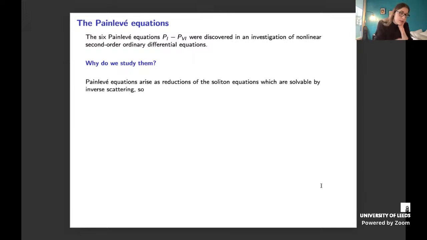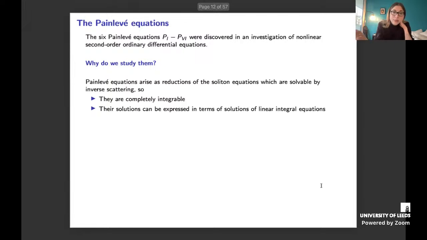Because it was noticed that they arise as reductions of soliton equations, for example the KdV equation, which are solvable by inverse scattering. So they have very nice properties in the sense that they are completely integrable, and they have solutions that can be expressed in terms of linear integral equations, despite the equation being nonlinear.